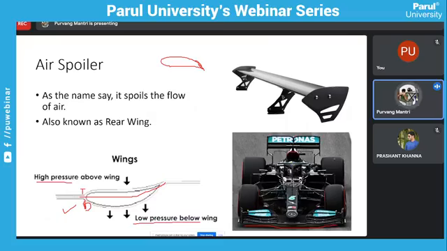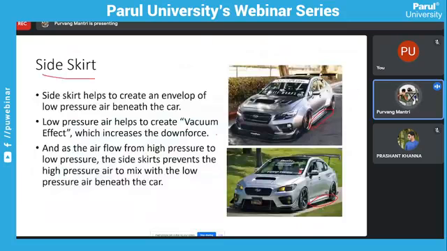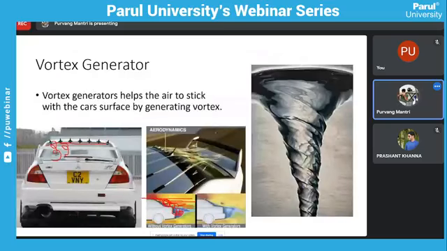Now, wheels also have a tendency to increase the drag in the vehicle. Wheel being a rotating object, this is the side view. Now the air is flowing in this direction. It should go from the top and around the wheel, right?